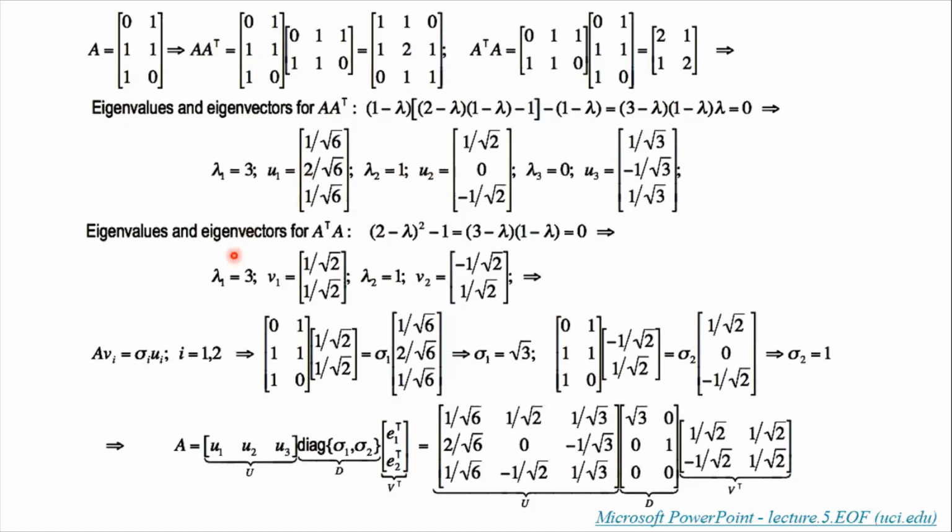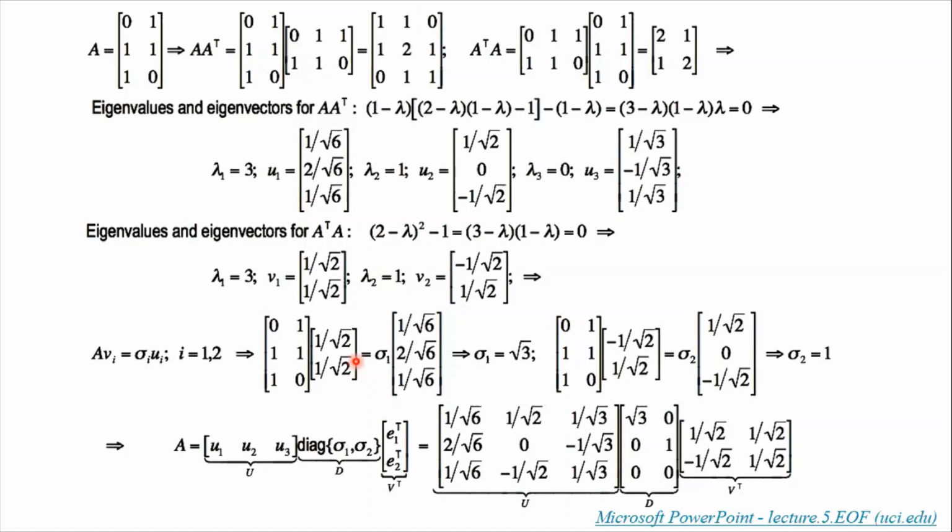A similar analysis we can do for A transpose A, where we calculate the eigenvalues and the eigenvectors. These eigenvectors are termed V1 and V2. Now we need to calculate the sigma. A V1 equal to sigma U1 is the formula through which we calculate our respective sigmas.